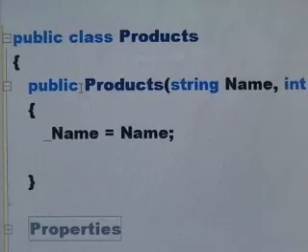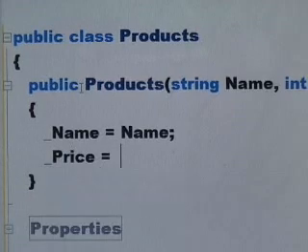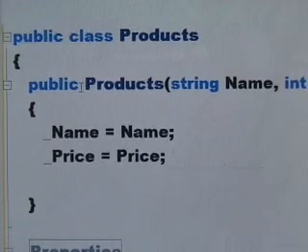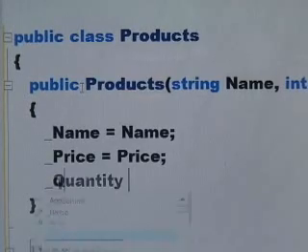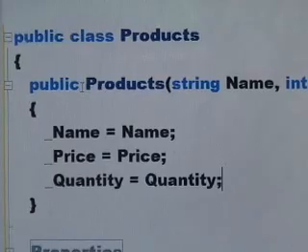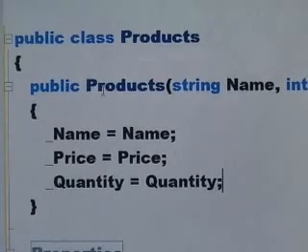Underscore price equals price. And underscore quantity equals quantity.